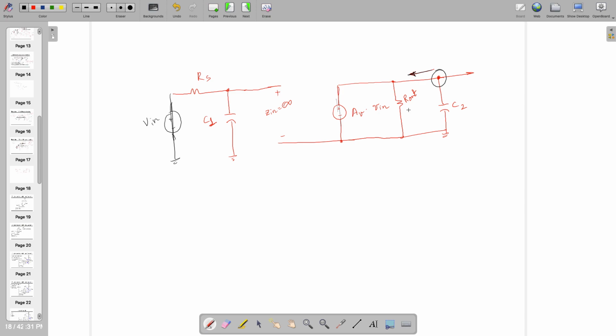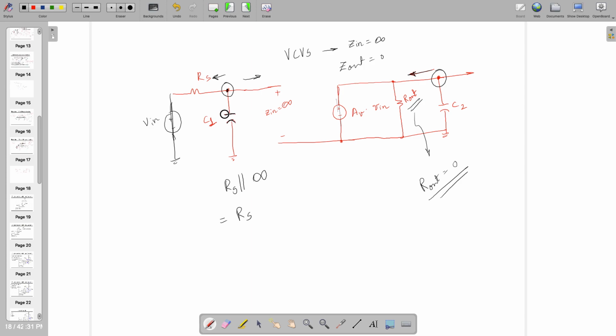So in that case you are going to see only R out, and R out is nothing but a 0 in our case, because it's a voltage controlled voltage source whose input impedance is infinite and output impedance is 0. In this case, at this node I am going to see two things, RS as well as the infinity. So in that case RS is much lower than infinity, so RS is going to be the winning term.